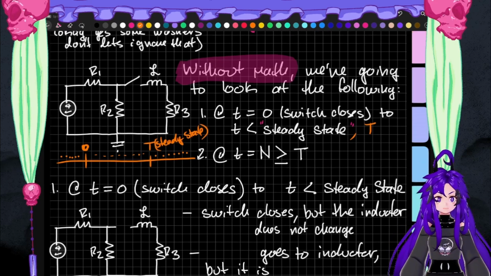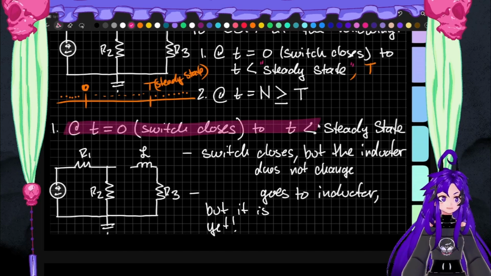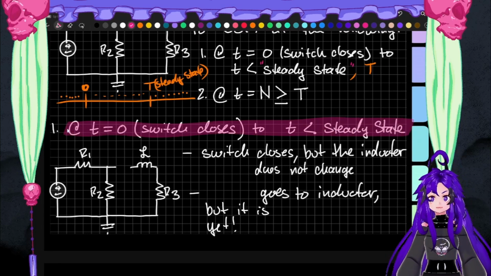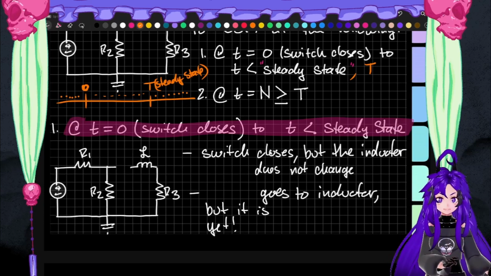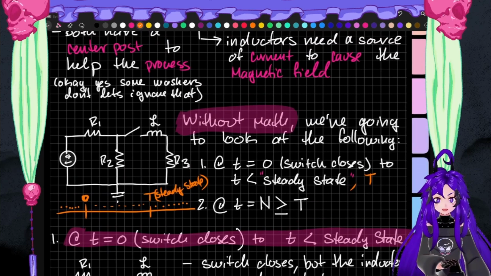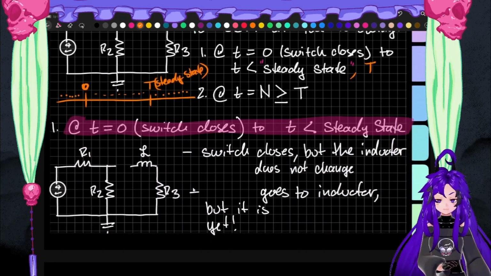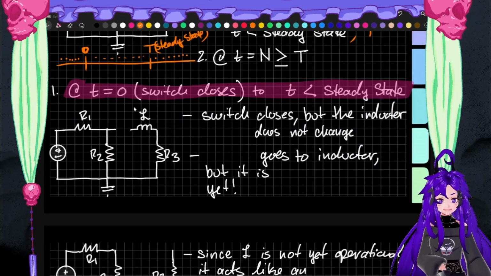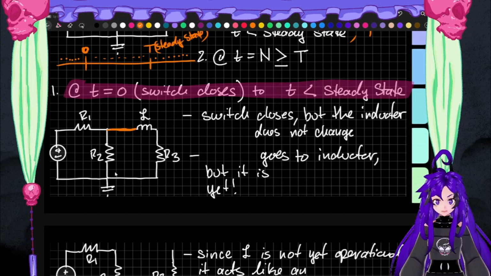All right, so situation 1. The switch closes and we get to steady state. I promise we're gonna explain what steady state means. It's not just a funky alliteration. So at t equals 0, the switch closes. The circuit is connected.